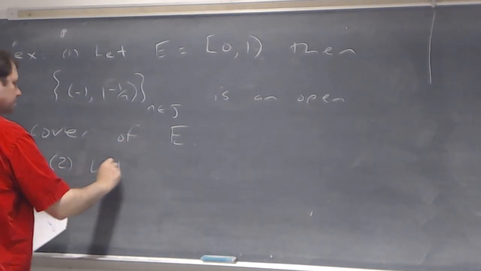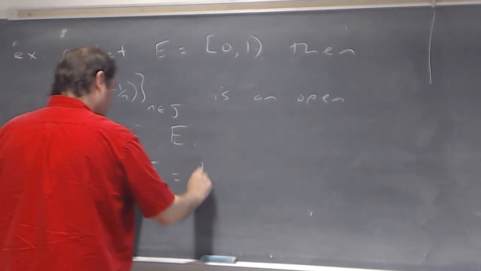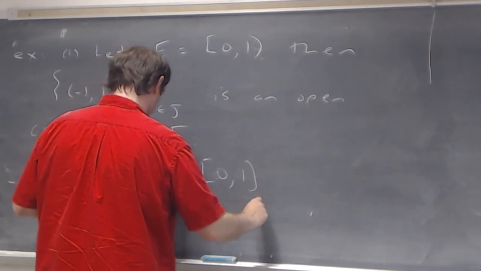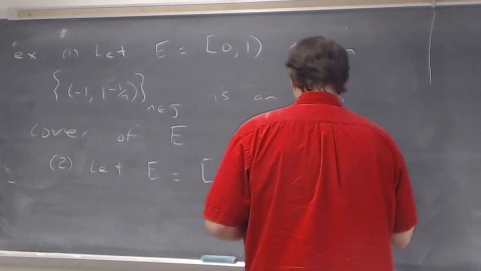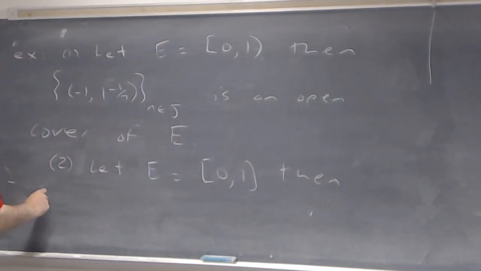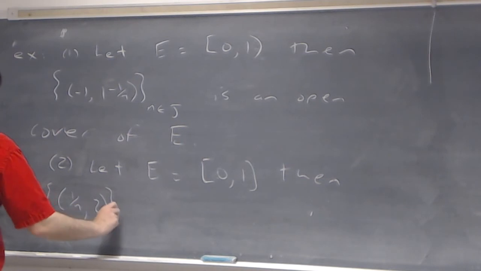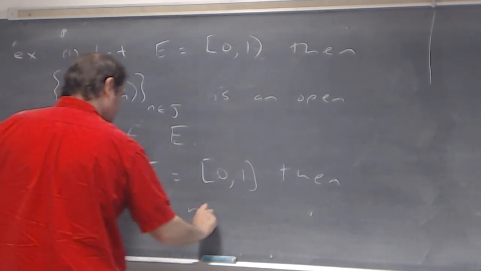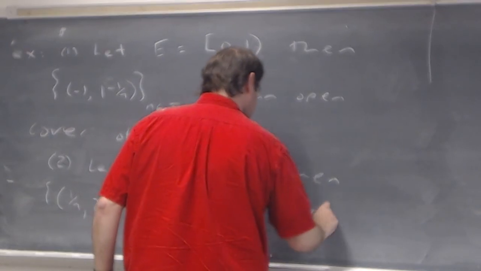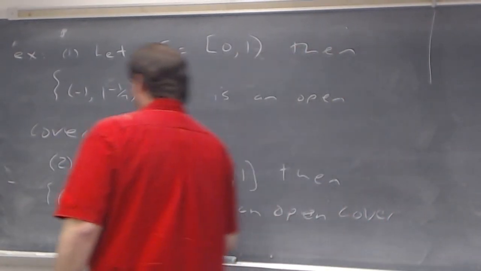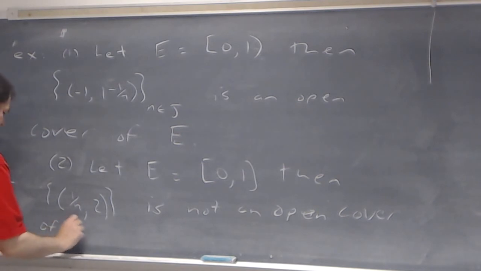If we let E be equal to the closed set from 0 to 1, then the collection of sets that look like 1/n up to 2 is not an open cover of E. The reason that this isn't an open covering, all of this collection is open, but you never get 0. Okay, so E is not in the union of these guys.